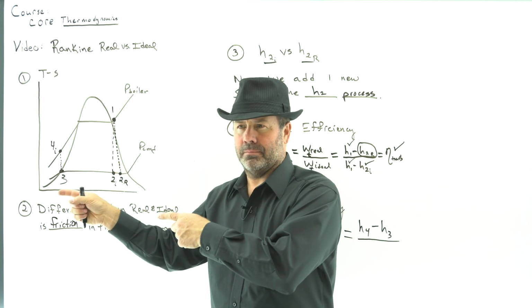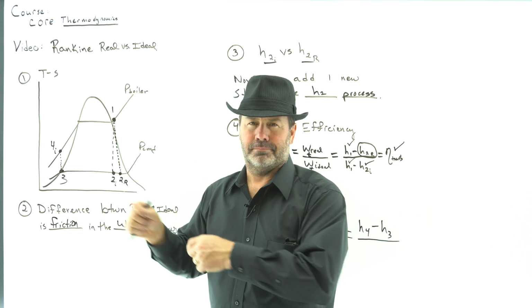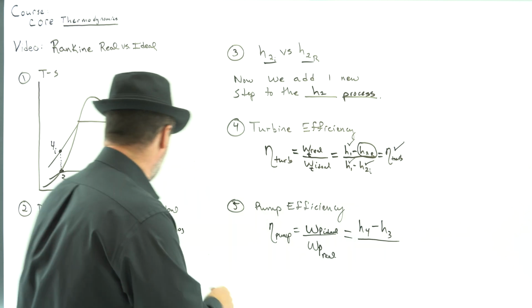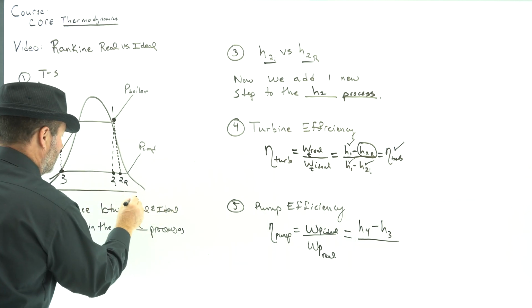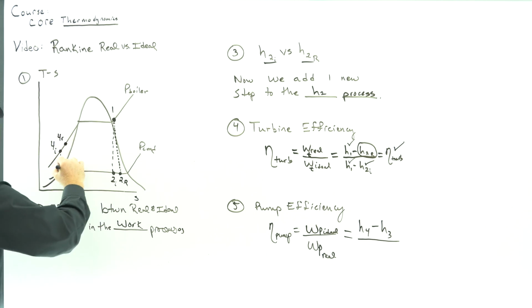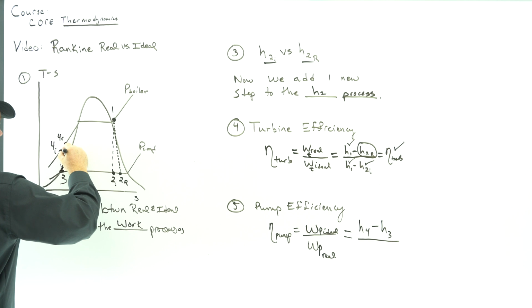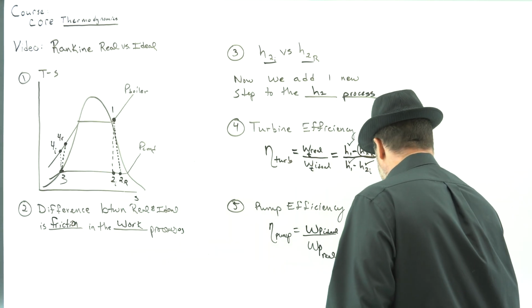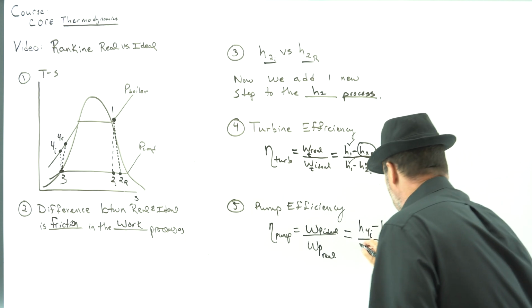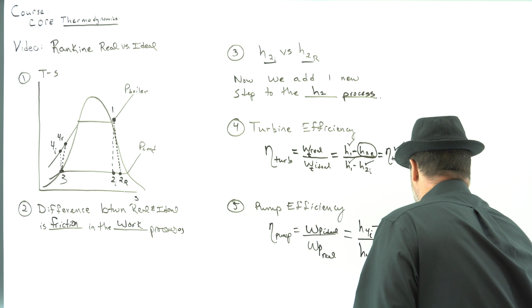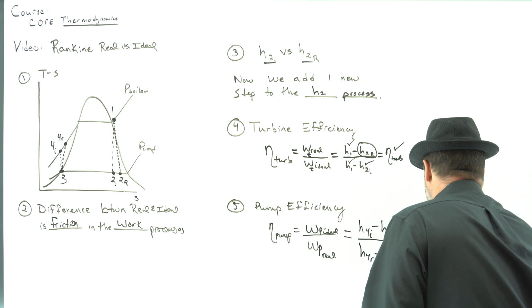Or that way? Friction causes entropy to go up. So point 4 real is to the right. Okay, so H4 ideal minus H3 over H4 real minus H3 is equal to the pump efficiency.